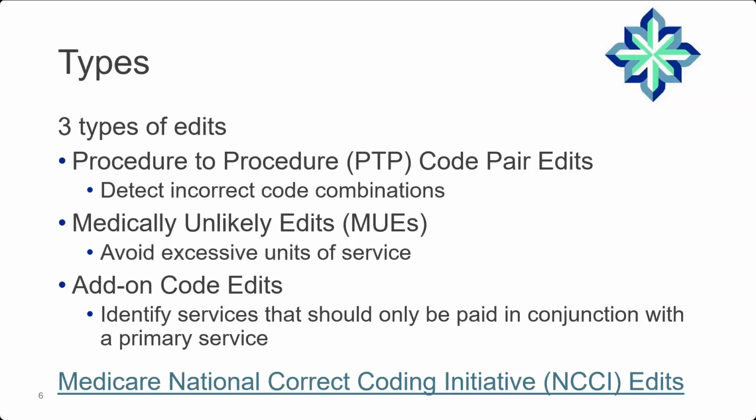Next are the medically unlikely edits. I jokingly heard this referred to as the medically unlikable edits. That's a good terminology for some people, but really these edits are designed to avoid excess units of service and payments for those. Now these are unlikely edits, not edits that say you can never be paid for it, not things that are impossible.